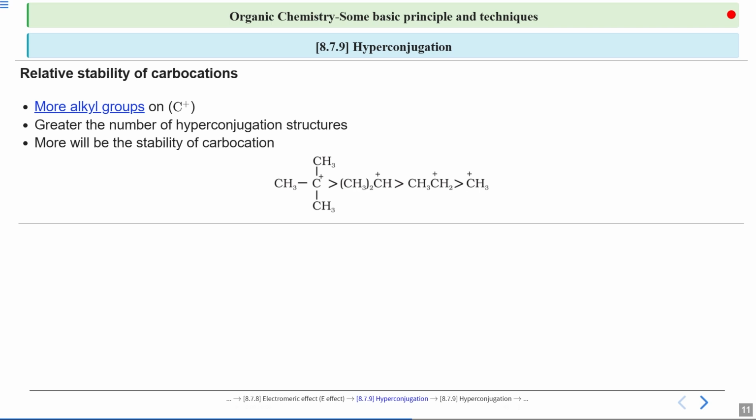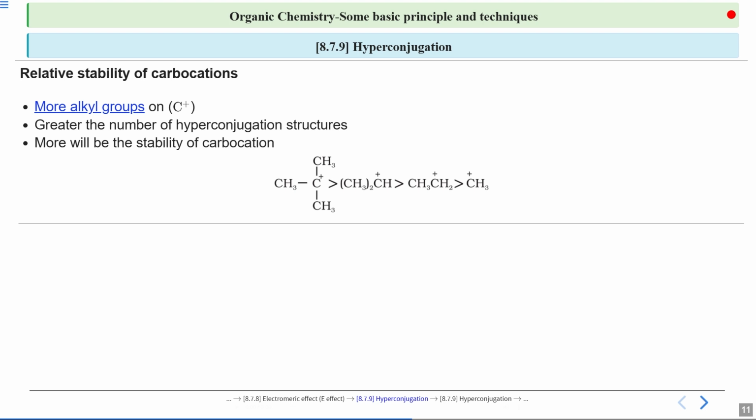Now, if you consider this criterion, then we can easily say that the tertiary carbocation is the most stable one, then comes the secondary, then the primary. This same trend is also induced by the inductive effect, if you remember. But the effect of hyperconjugation is more appreciable than the inductive effect.